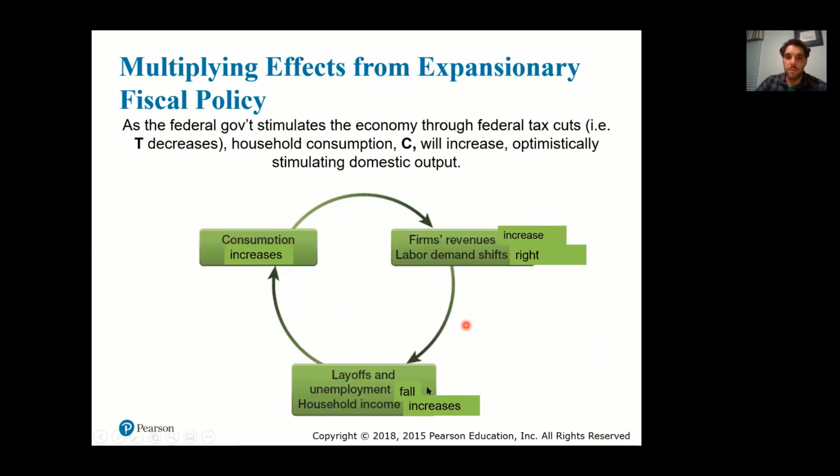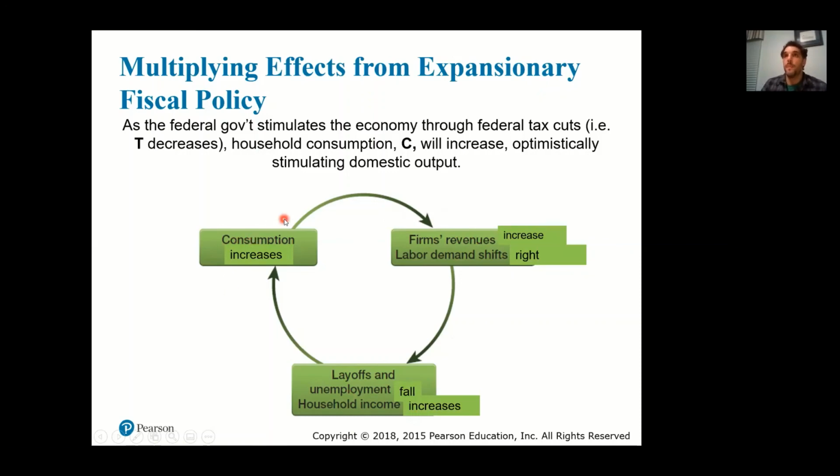We're going to have this multiplying effect, and so firm revenues increase when households buy more or when governments spend more money, creating an increase in household incomes, which creates an increase in consumption. But then that multiplying effect continues. If households have increased their consumption, that's going to lead to even further increases in firm revenues, which is going to drive up demand for labor even more, which is going to drive up household incomes even more, which is going to drive up more consumption.